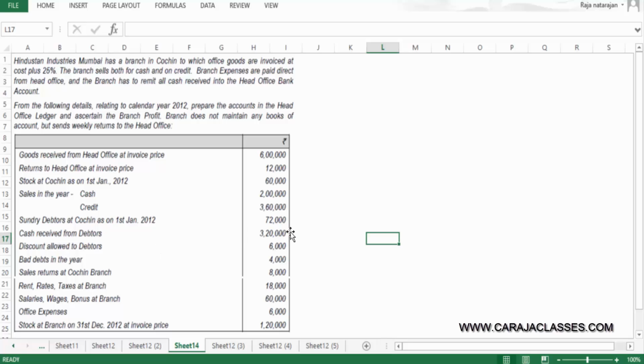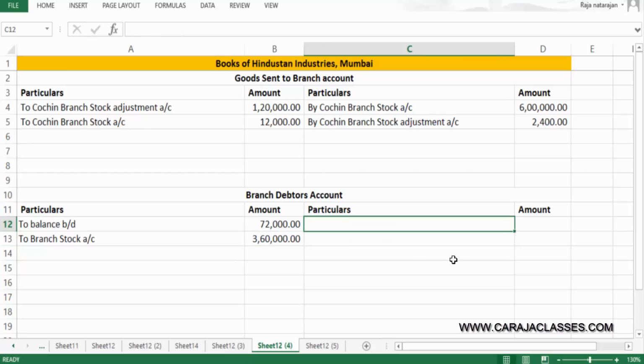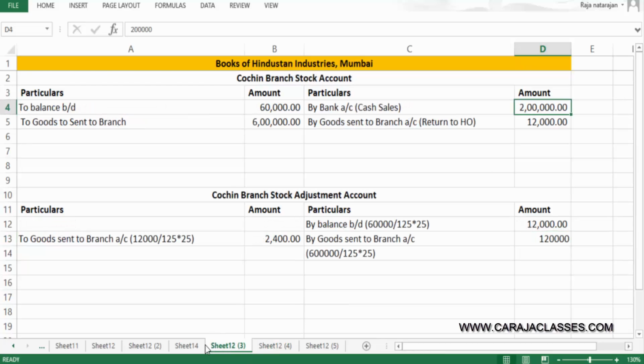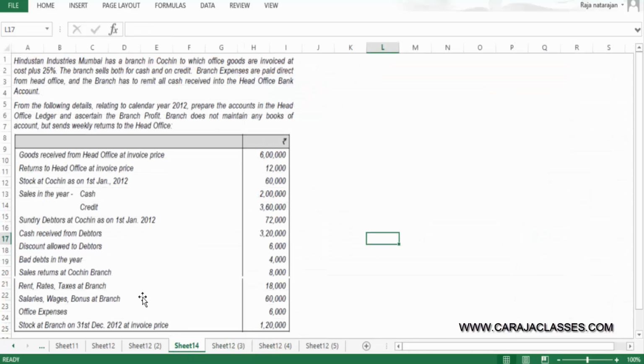Then we have cash received from debtors 320,000. So we'll capture that here, by bank account. So this is the cash that is received from debtors. Now what is happening to that cash? Is it getting remitted? The question says cash received from debtors, and is it giving the closing balance of debtors?